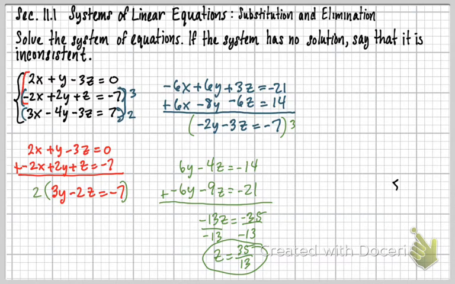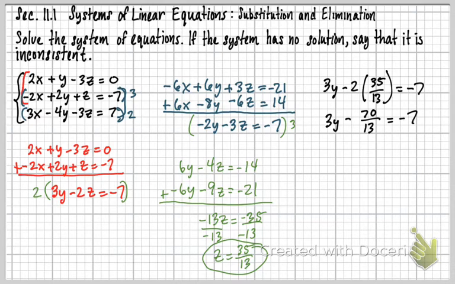Okay, so I'm going to say 3y minus 2, and I'm going to plug in my 35 over 13, and that's going to equal negative 7. So now I'm just going to simplify this. So 3y minus 70 over 13 equals negative 7.